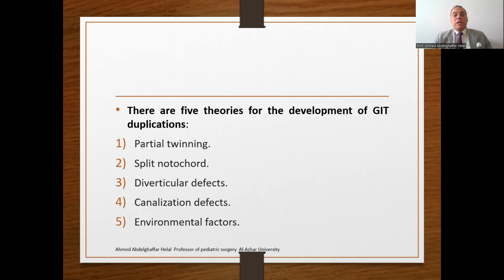There are 5 theories trying to explain the development of gastrointestinal duplication, which can be summarized as follows.